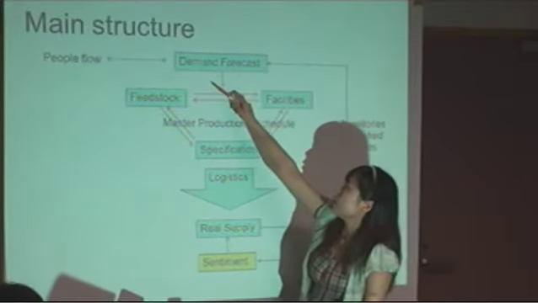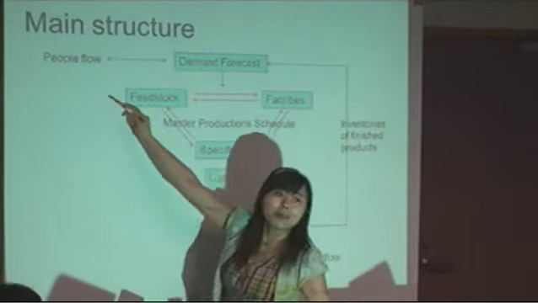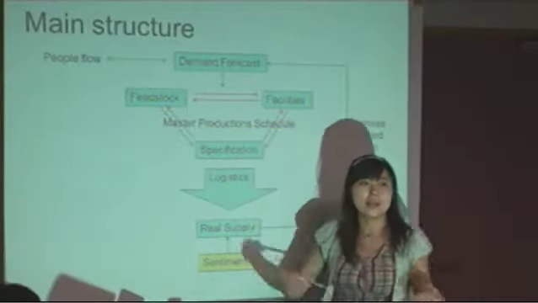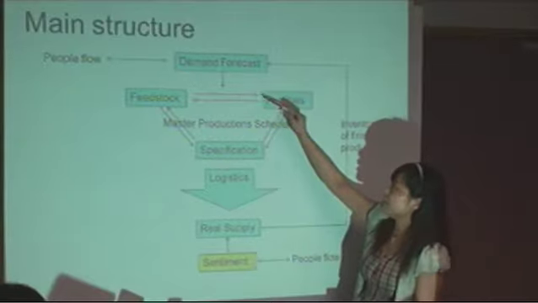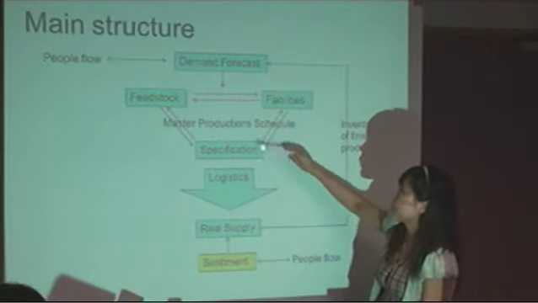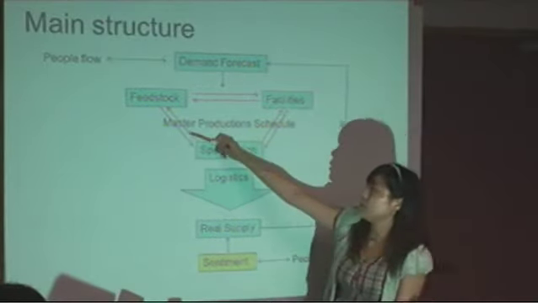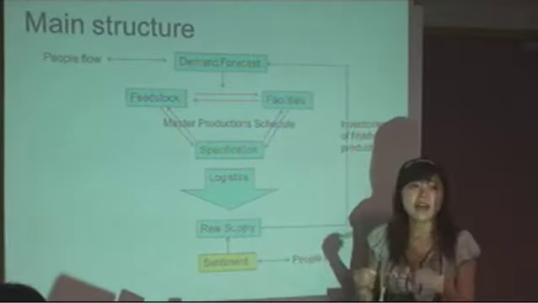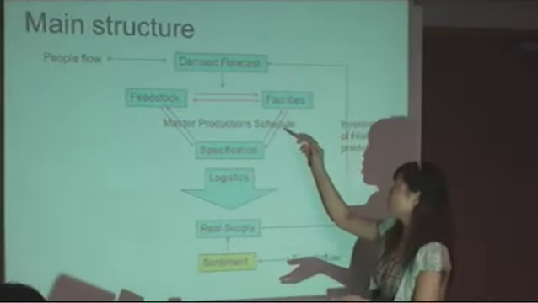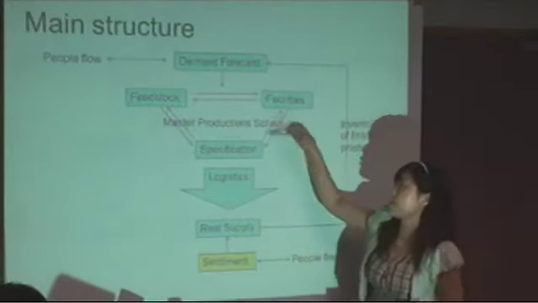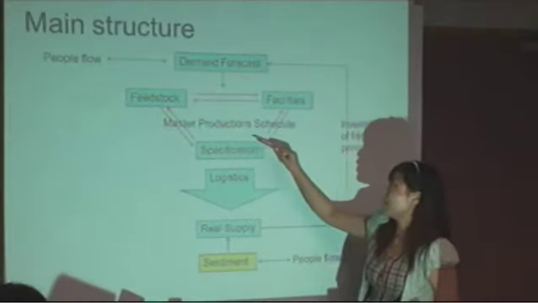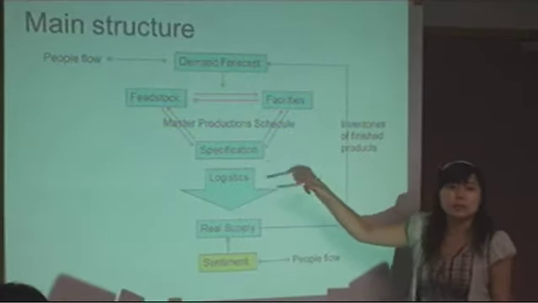So they get some data from the paper flow that I recommended before. After they set the demand forecast, there are three factors going into the system: the feedstock, the facility, and the specifications. And the three of them establish the master production schedules.